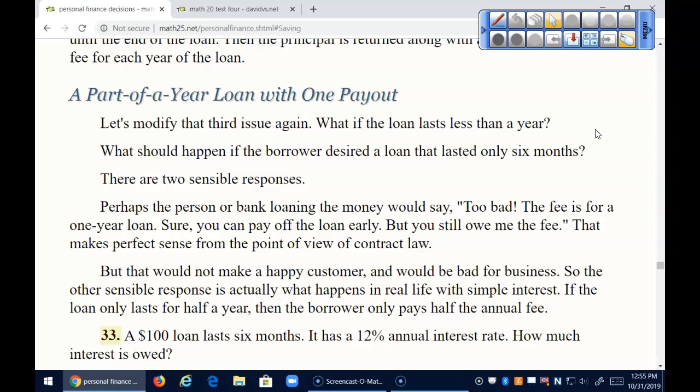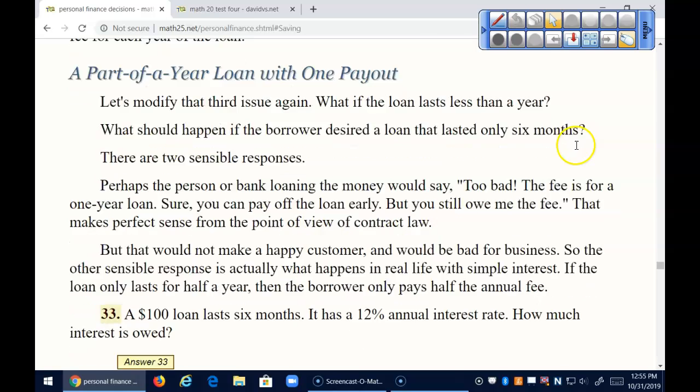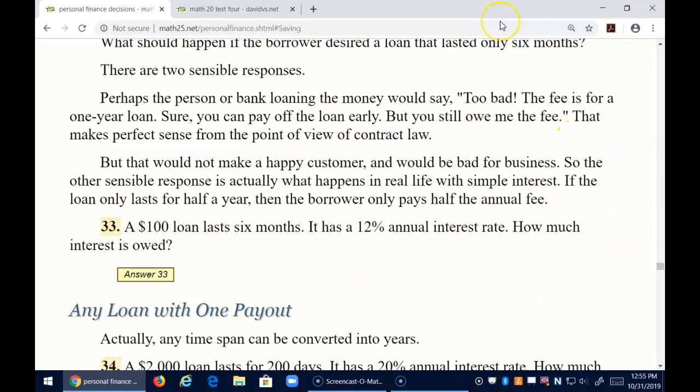So instead, everyone says that if you pay it back early, you only pay a certain amount of the fee. If you pay it back after half a year, you pay half the fee. If you pay it back after a third of the year, you pay a third of the fee, and so on. So whatever the time is, if we change it into years, or a decimal amount of a year, then the fee gets smaller too.